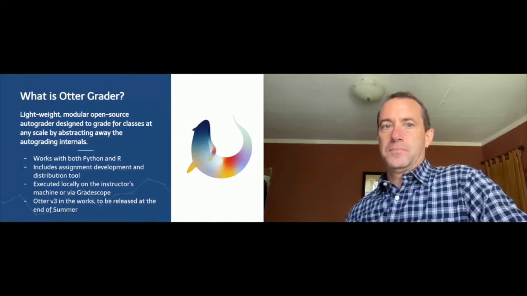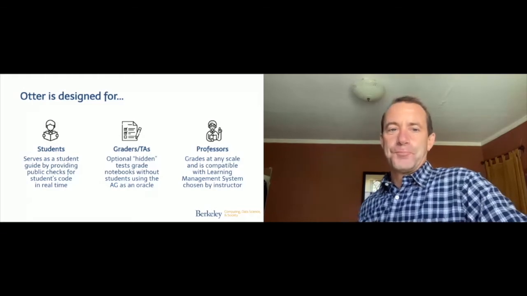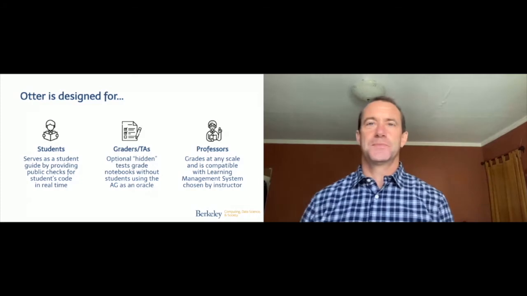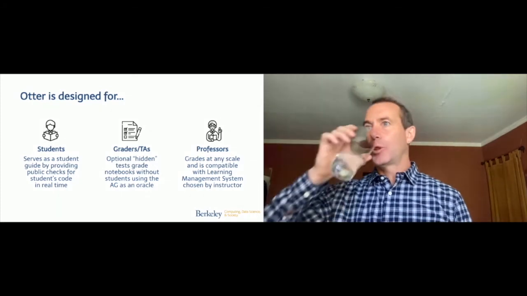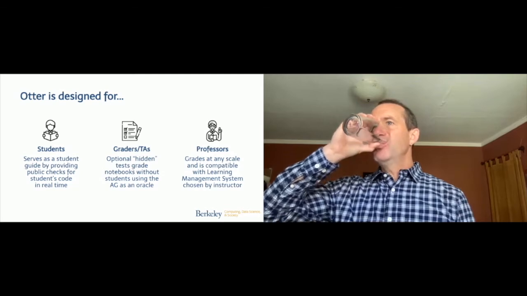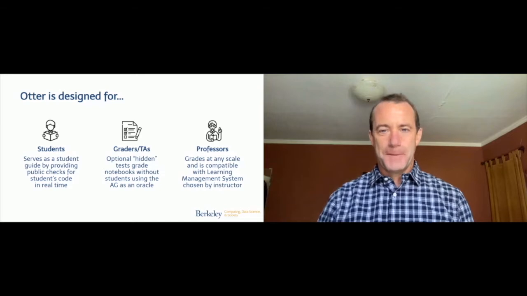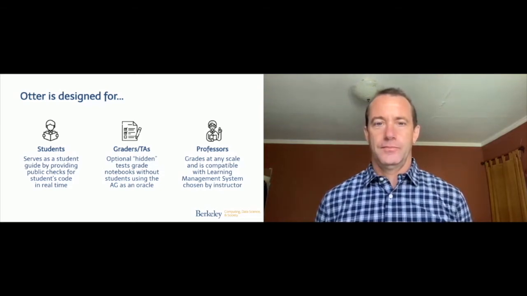Next slide, please, Eric. So Otter was designed with 3 core audiences in mind, right? So for students, it serves as a guide by providing instructor-written public checks for students' code in real time. So as you probably saw in the demos earlier with the lab, student works on a question, writes their code, and runs the grader.check cell right after to check their work against whatever public test the instructor provides.